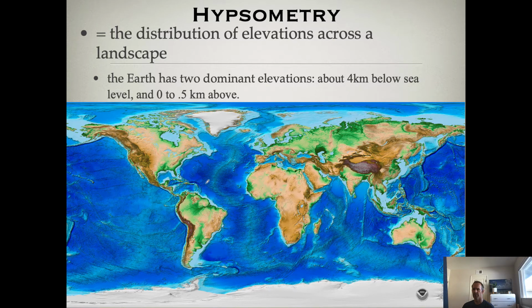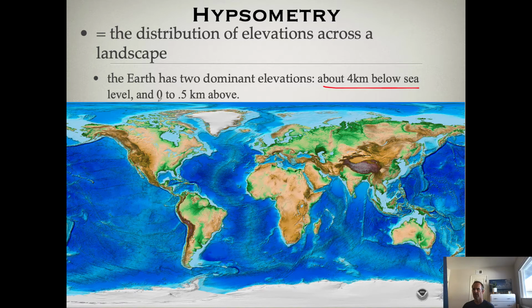The blue on this image is not representing water, it's actually topography. The darker colors are deeper, and the lighter colors up into the red colors would be the higher elevations. So we have a lot of elevations that are about 4 kilometers below sea level, which the oceans are more or less filling in.